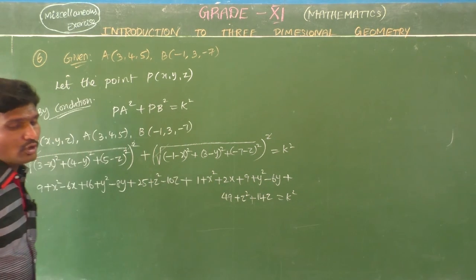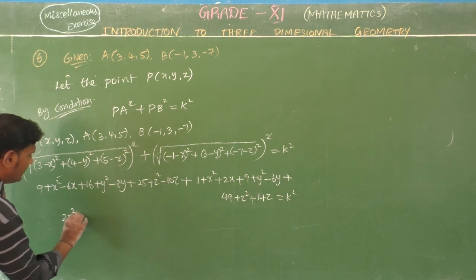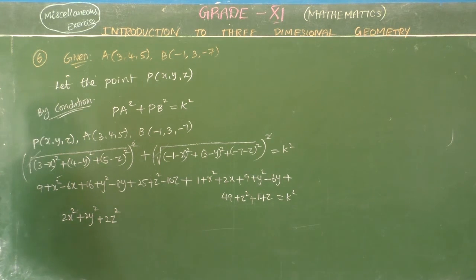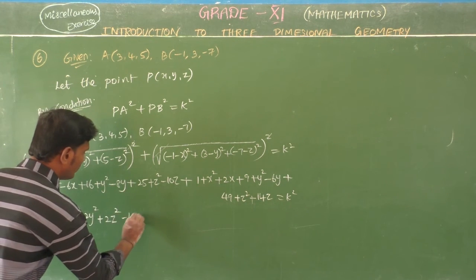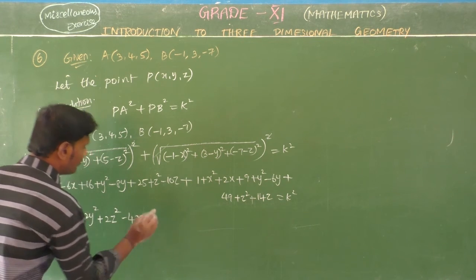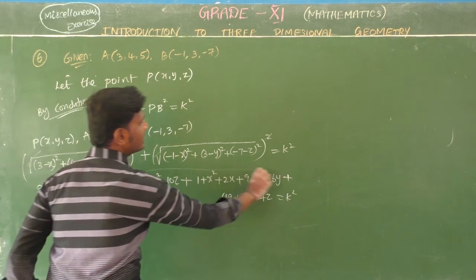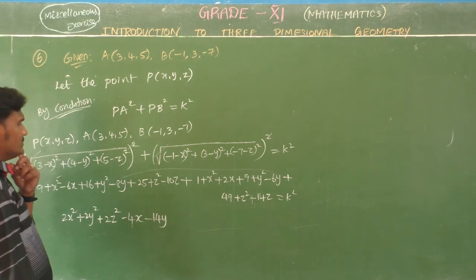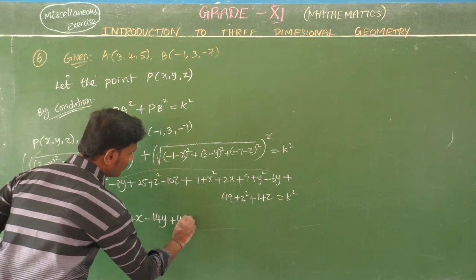Now add x square plus x square 2x square, y square plus y square 2y square, z square plus z square 2z square. Now minus 6x plus 2x is minus 4x. Then minus 8y minus 6y is minus 14y. Then z terms here minus 10z plus 14z is plus 4z.